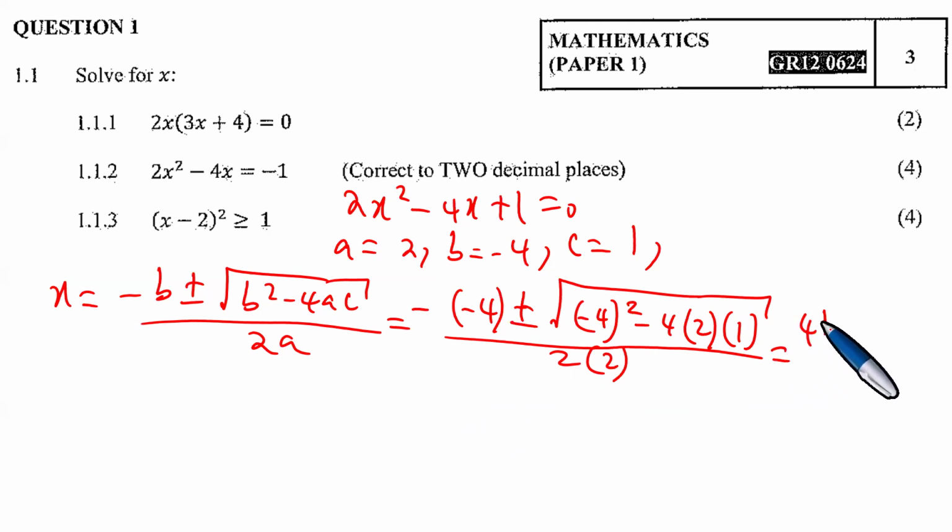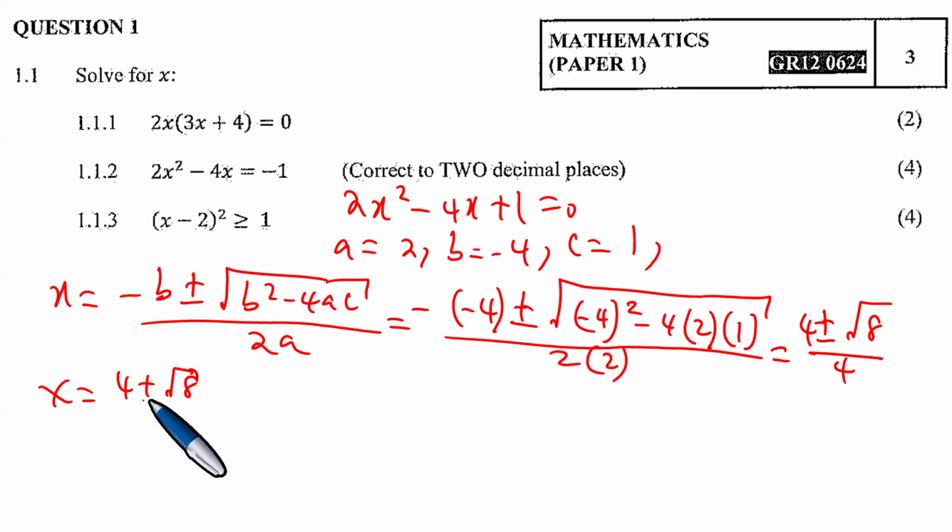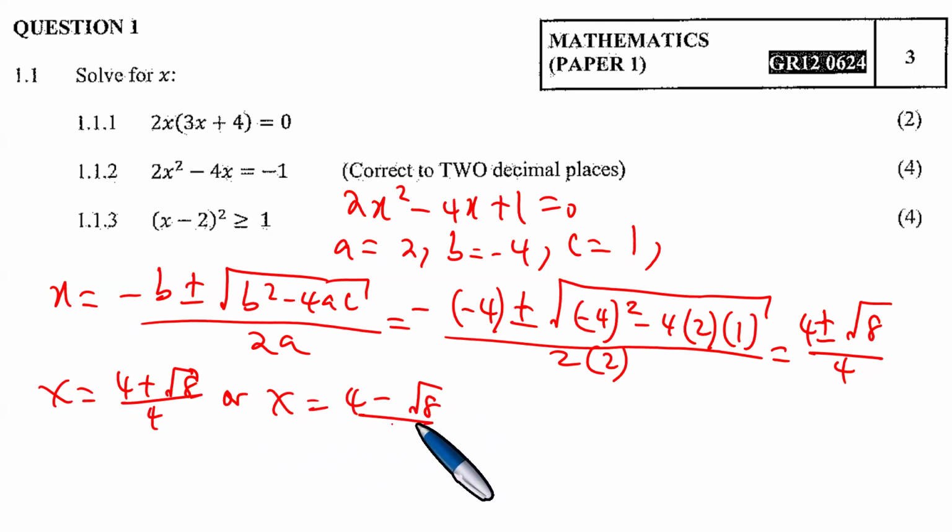And this is 4 plus or minus the square root of 16 - 8, giving us 8. So x = (4 + √8)/4 or x = (4 - √8)/4.